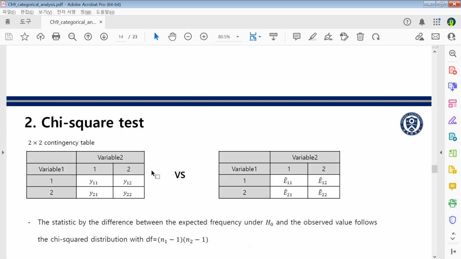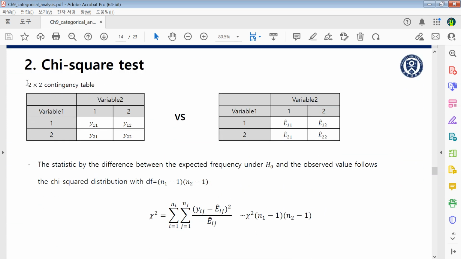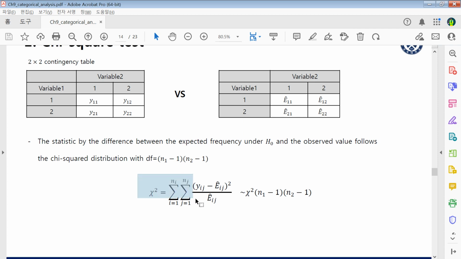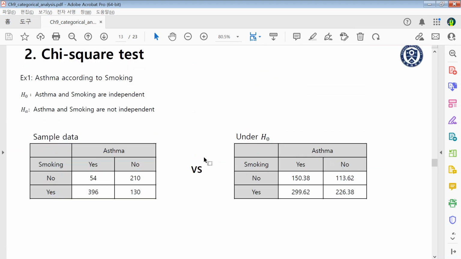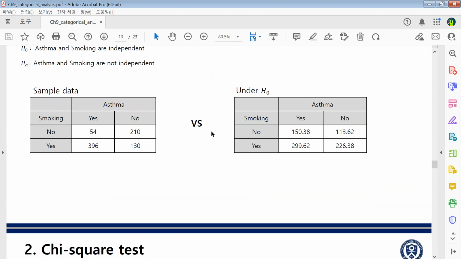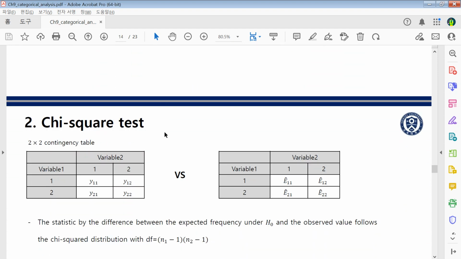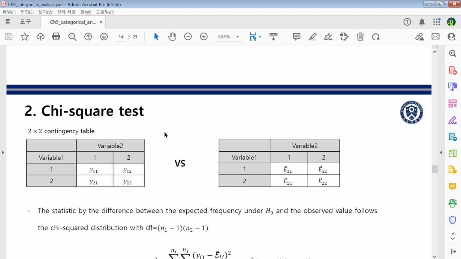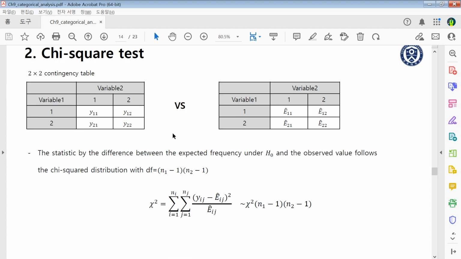As we know that this formula follows the chi-square distribution, we can get the p-value based on the null hypothesis and make a decision based on the result. So this is the whole procedure of doing the chi-square test in our sample.